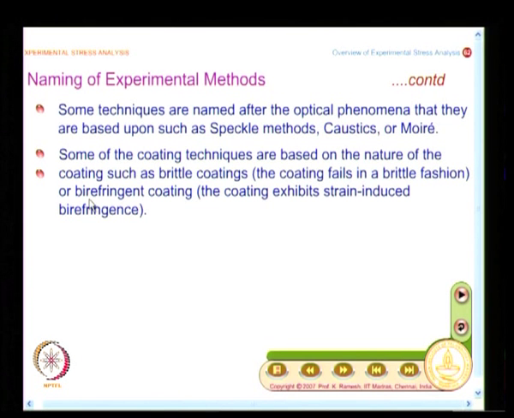I said photoelastic coating, the other name of photoelastic coating is birefringent coating. And I said in photoelasticity, the physics used is temporary or artificial birefringence, and that is what is exhibited by this coating. So, you call it photoelastic coating as well as birefringent coating.